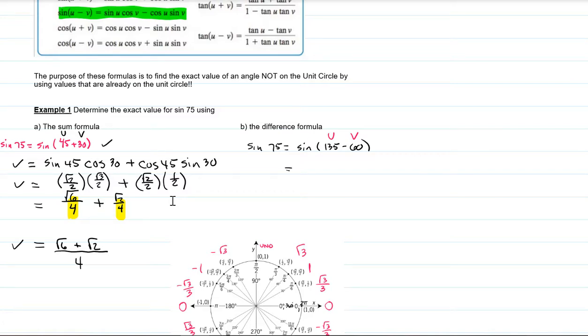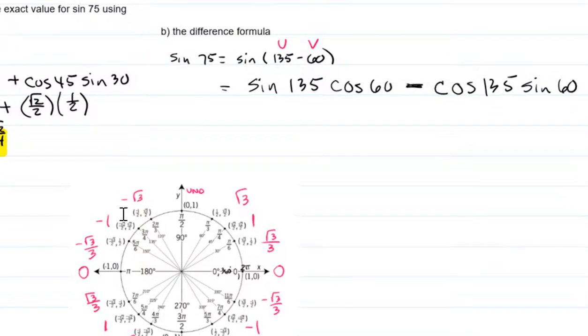So we have the sine of 135 times the cosine of 60. Then we have a subtracting sign as we deal with the next piece, cos u sine v: the cosine of 135 and then the sine of 60.